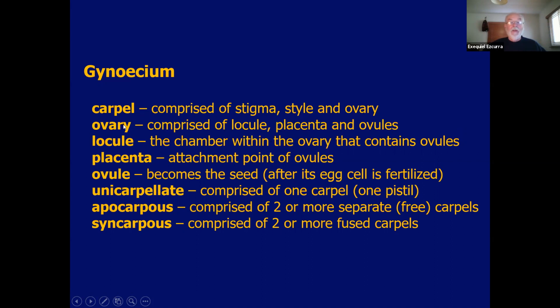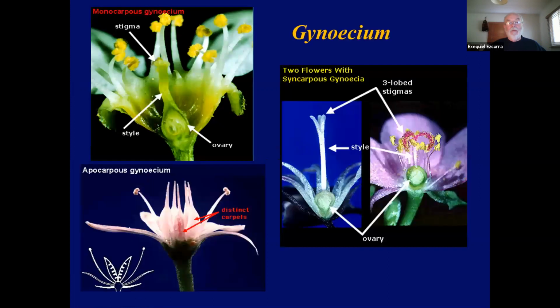The ovary is the lower part of the carpel or the pistil, and it has a locule, placenta, and ovules. We'll see that in detail later. I think more than flooding you with nomenclature, we'll go to some illustrations and make it more understandable.